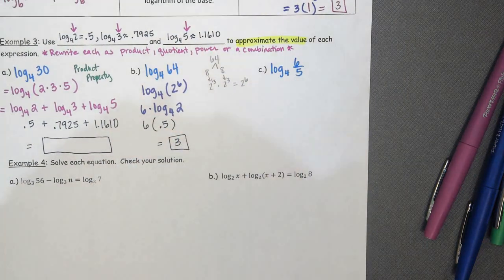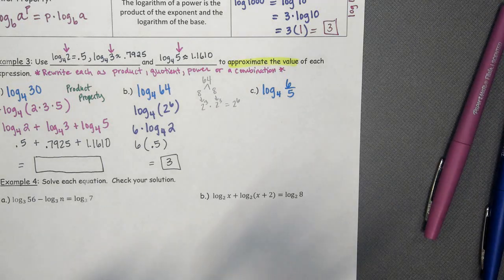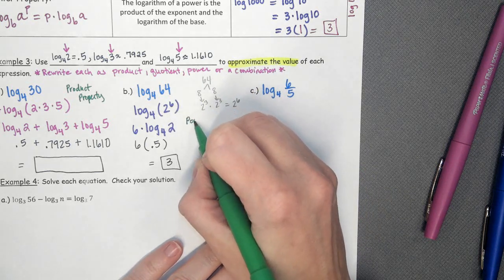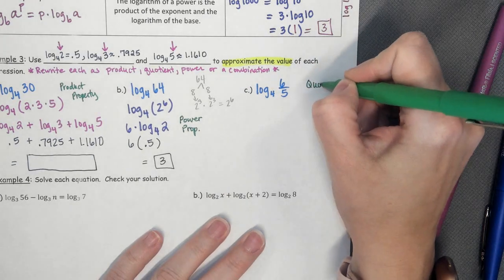Okay, so now I want you to start thinking about this one. They already have the division in there for you, so right away you should start thinking about what property. Yep, the quotient. This was the power property. So right away, yeah, let's use the quotient.